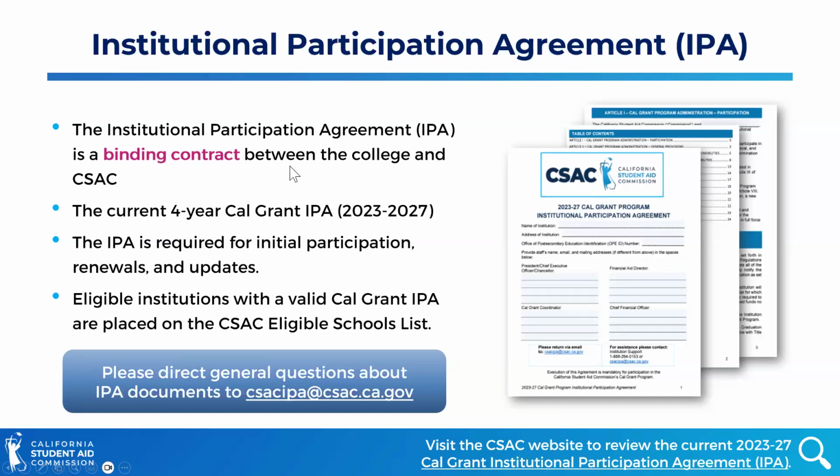That is the binding contract between CSAC and our campuses. So we're currently using the IPA for the 2023 through 2027 school year. And then any school that is eligible to administer Cal Grant shows up on the CSAC eligible schools list.